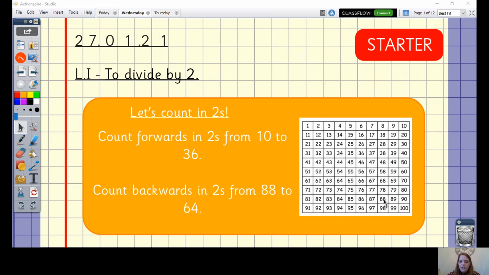So let's find 88 on our 100 square. After 3. 1, 2, 3. 88, 86, 84, 82, 80, 78, 76, 74, 72, 70, 68, 66, 64. Okay, thank you for joining in with me, and let's start our learning.